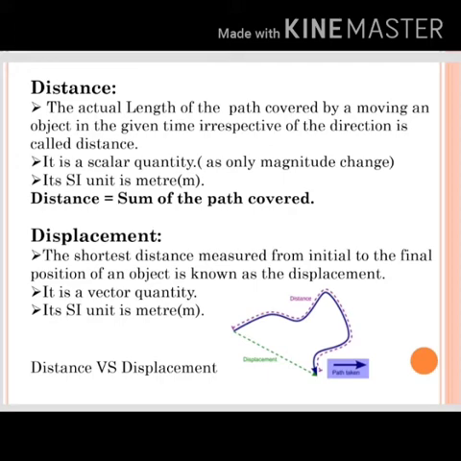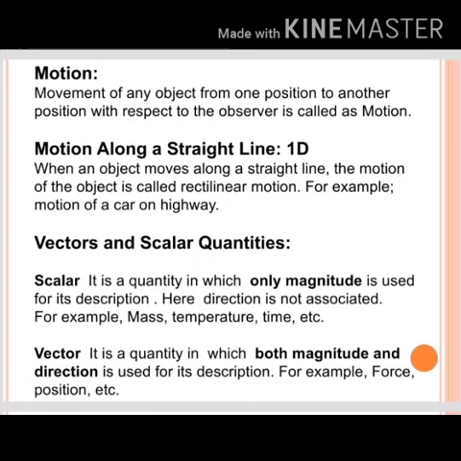When we are talking about distance, we only have to see the magnitude, the kilometers that I have covered. Distance is the actual length of the path described by the particle. It is a scalar quantity. Scalar means only magnitude is there, no direction.